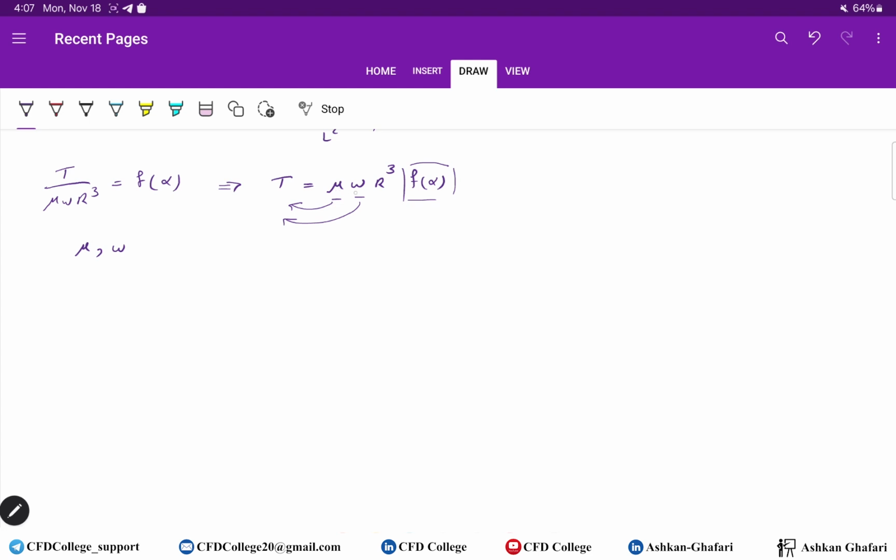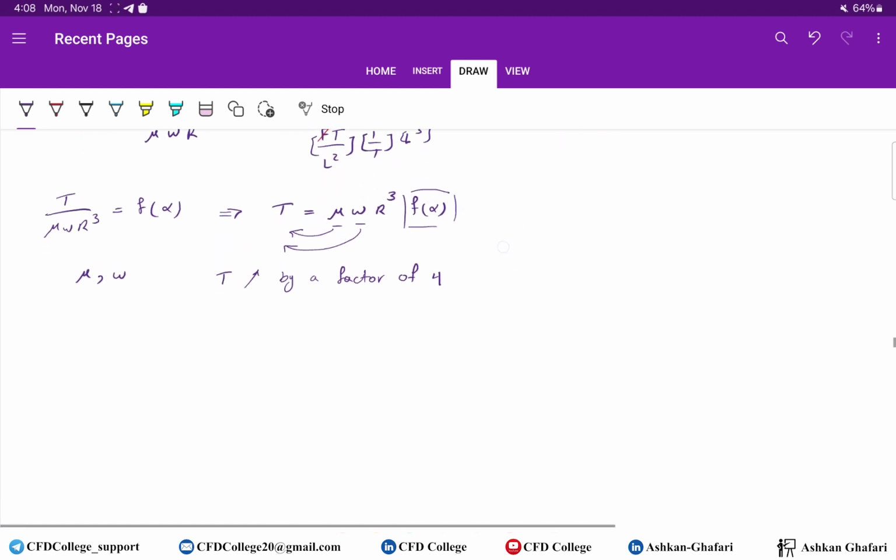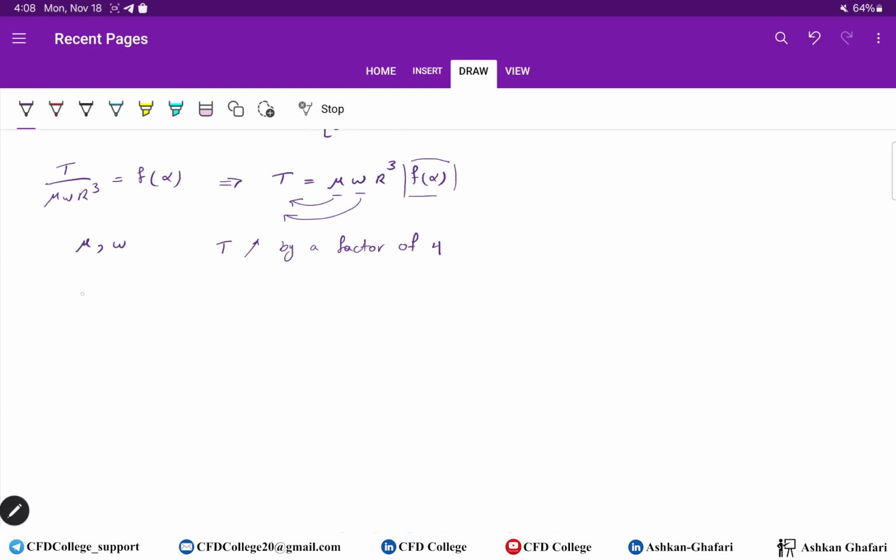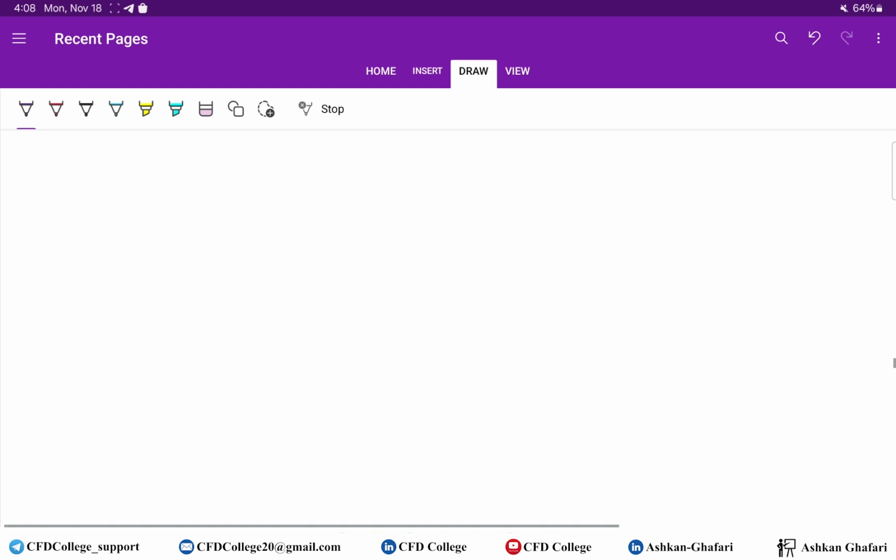So if mu and omega are doubled, it means that T will increase by a factor of 4. And for example, if we double radius, only radius, T will increase by a factor of 8. So this is how you can answer these kinds of problems.